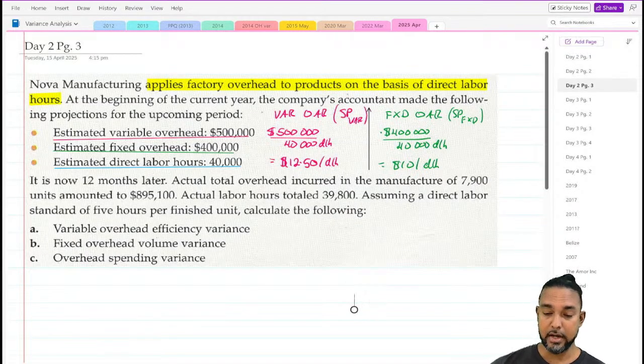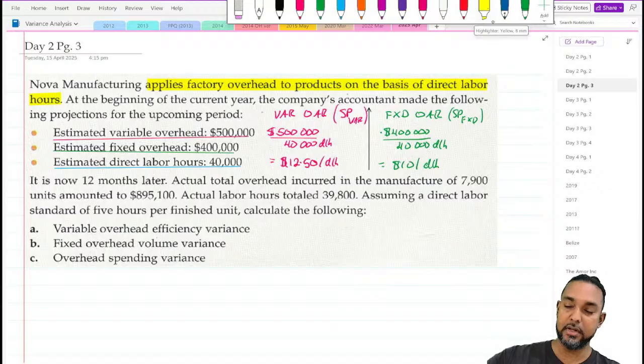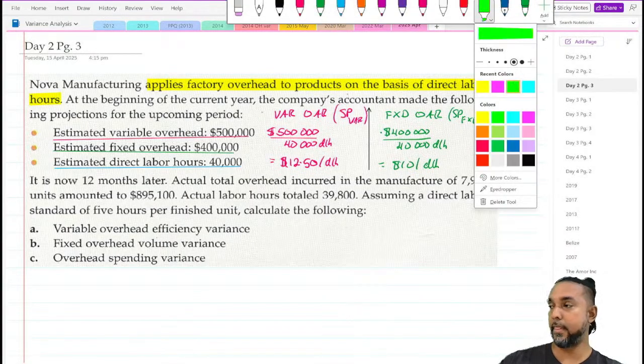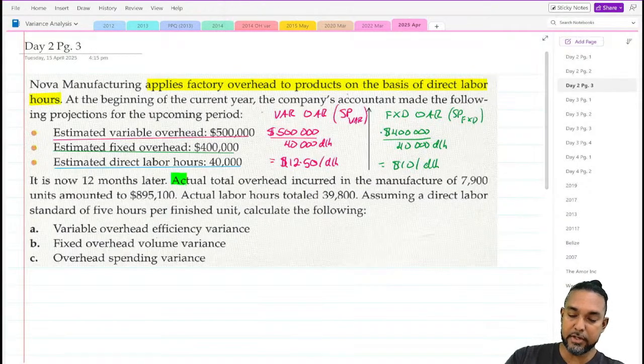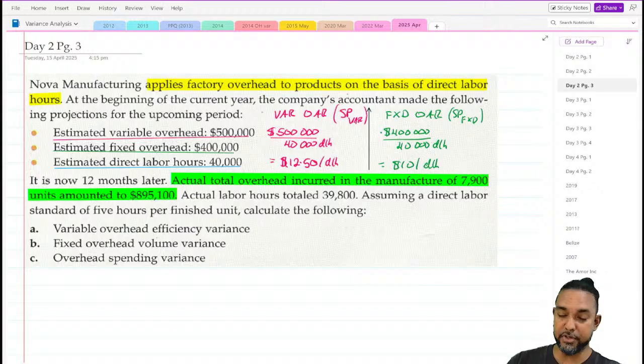Actual total overhead incurred in the manufacture of 7,900 units amounted to 895,100. So 895,100 is the actual overhead.